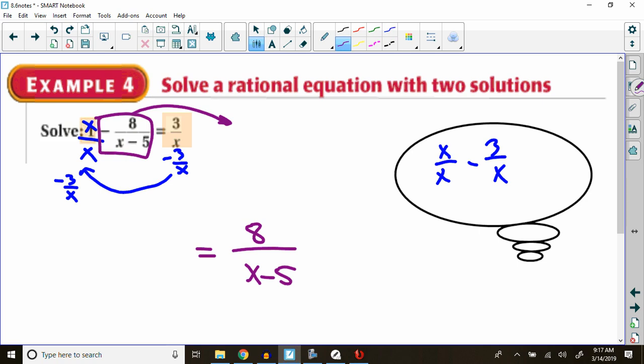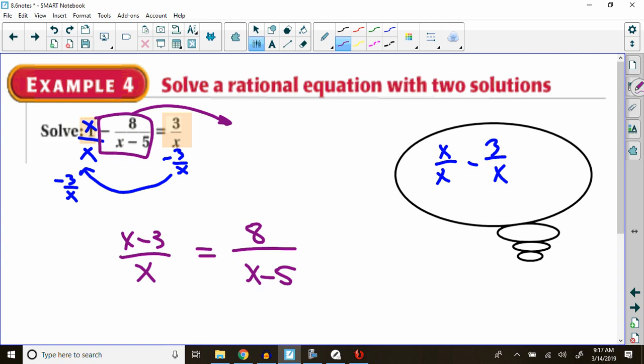Well, it's going to be something over x, right? X minus 3 over x. There it is. Nice. X minus 3 over x. Okay. So now we have a proportion.